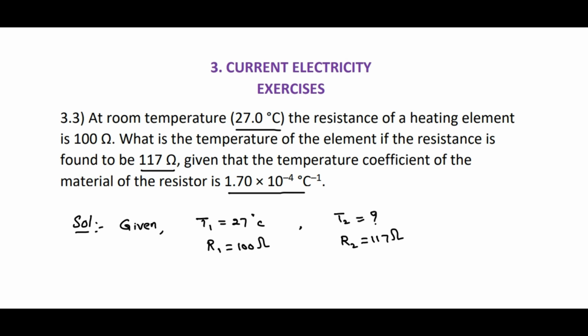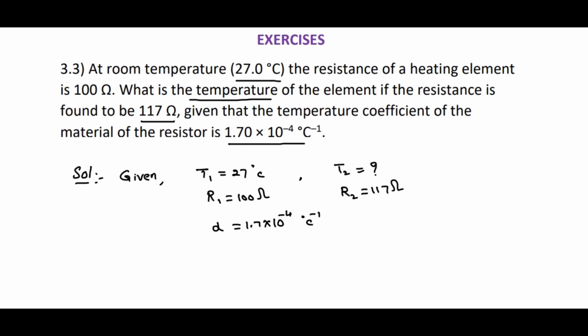So what is the temperature of the element if the resistance is found to be 117 ohm? And the given alpha value, the temperature coefficient of resistance alpha, is equal to 1.7 into 10 power minus 4 degrees Celsius inverse. Here if you observe, compared to R1, R2 is increased.